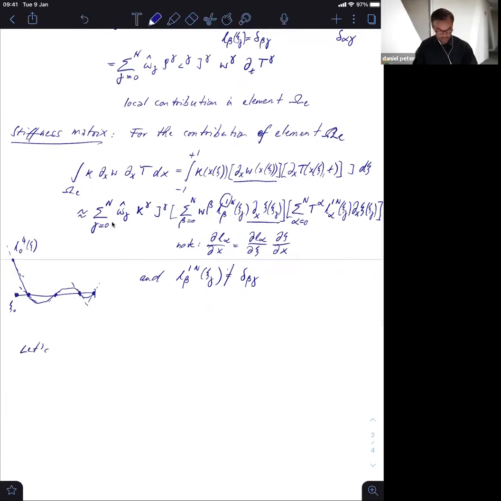Let's choose as a test function something where we have W at a particular GLL point, let's say beta 1 is 1 and all the others are 0 for all GLL points beta which are not equal to beta 1.